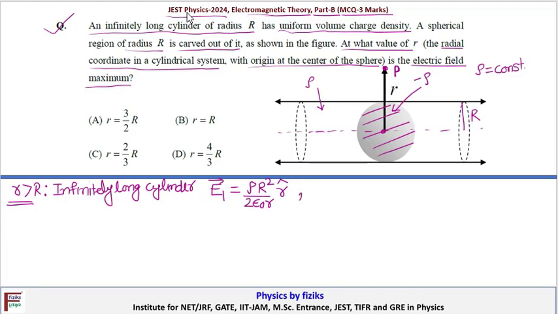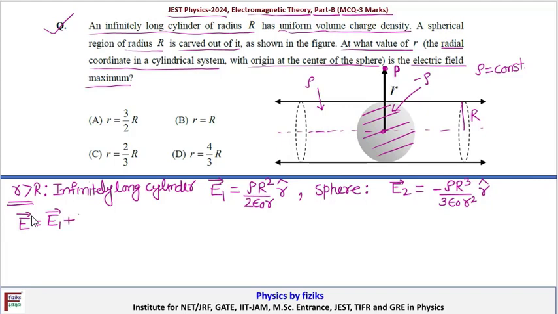Now we will also find the field due to the sphere at the same point having charge density rho. So electric field E2 will be given by minus rho R cube by 3 epsilon naught r square, r cap. So now the resultant field due to superposition is E equals E1 plus E2.